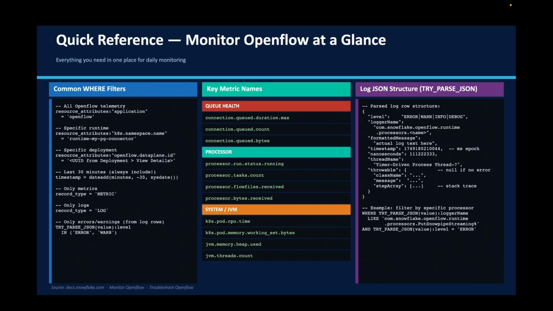Example: filter by a specific processor where TRY_PARSE_JSON logger name is like a particular OpenFlow runtime processor such as put snowpipe streaming, and TRY_PARSE_JSON value level equals error. So we get some data when querying with filters like this. With this, we have ended how to monitor OpenFlow for observability.